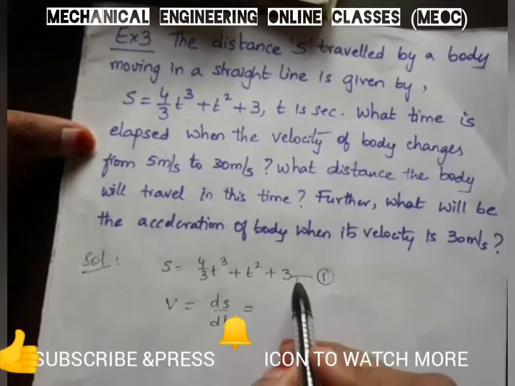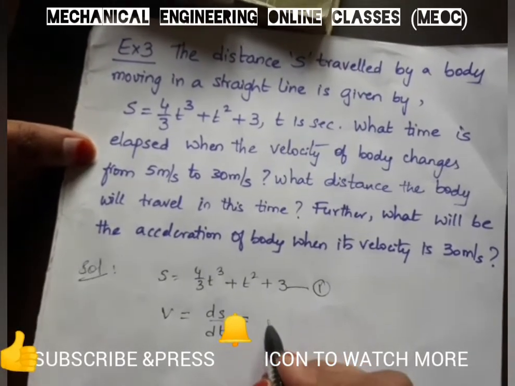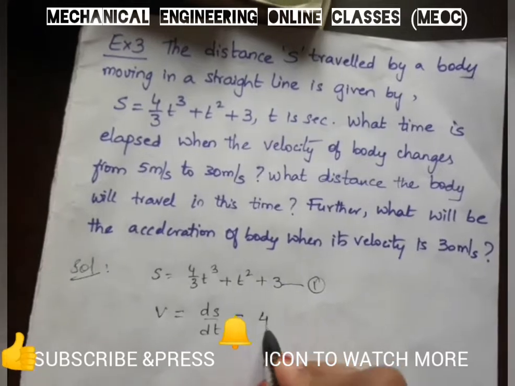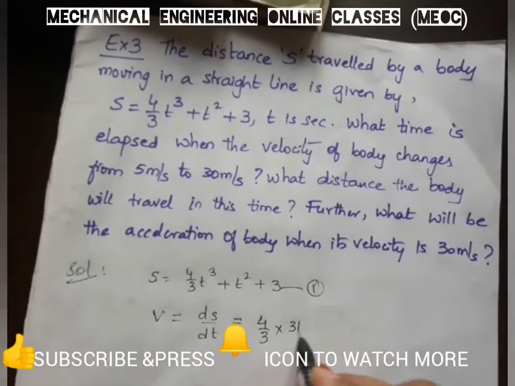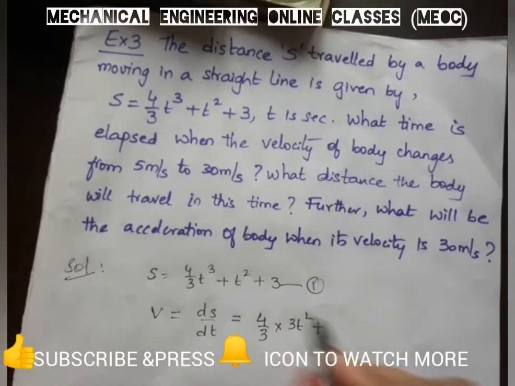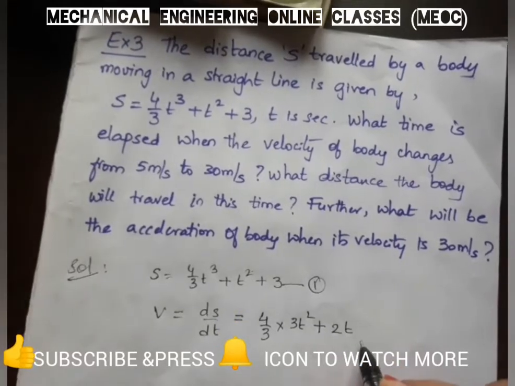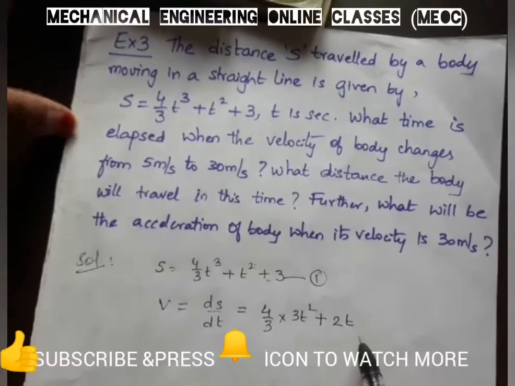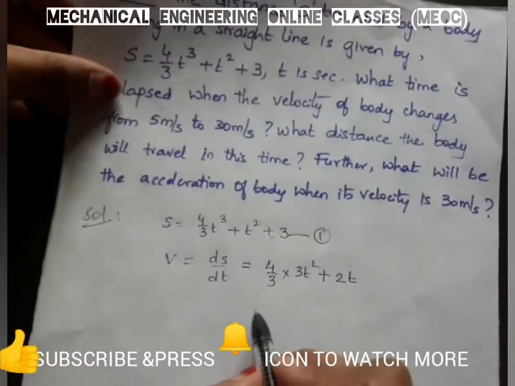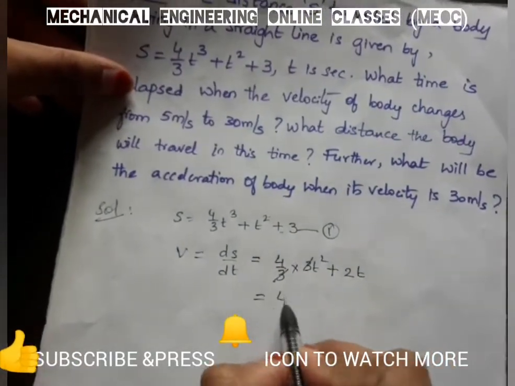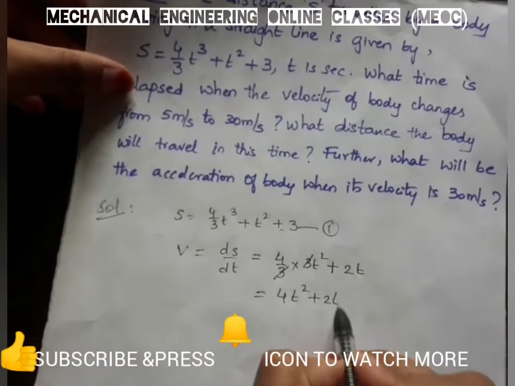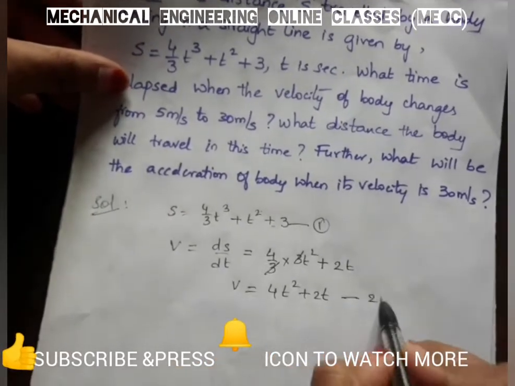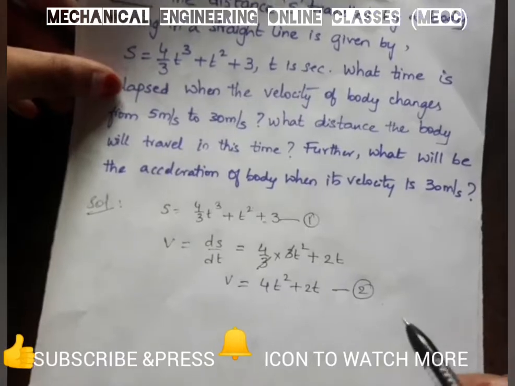Let us differentiate equation number 1 with respect to t, and we have 4 by 3 into 3t square plus 2t dt by dt is 1 and plus d by dt of 3 is 0. So v gets to be this. So I can cancel 3 and 3 here and I get 4t square plus 2t. This is the expression for velocity in terms of time. Let this be equation number 2.